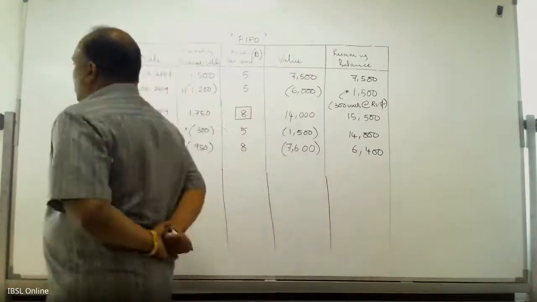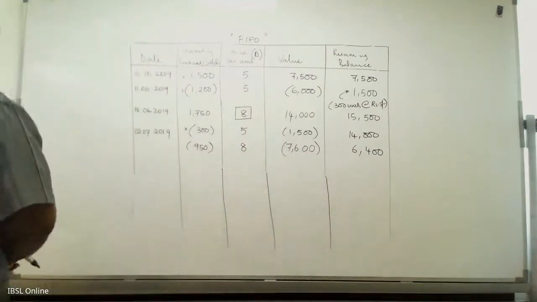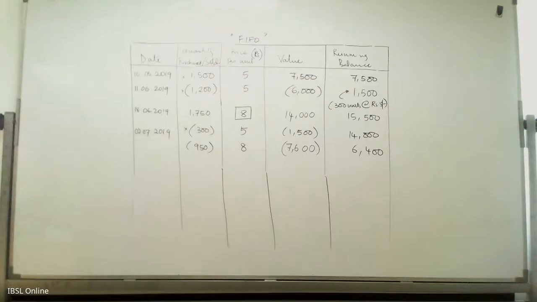Sometimes those types of confusing questions might come. They will give you transactions pertaining to 2 years, crossing 2 years, but they might restrict the question to asking you to calculate the value for the closing year. So if you consider 31st December, then you are not required to consider the two transactions of 2020.